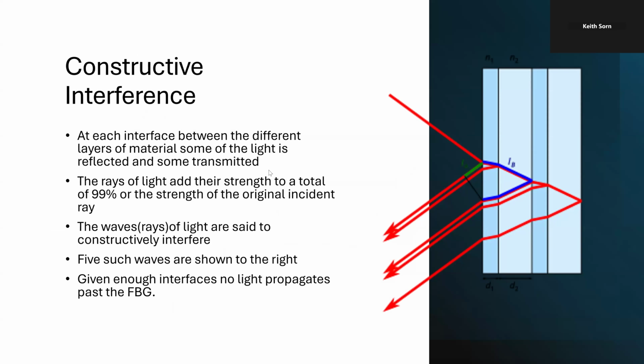All right, the way this works is something called constructive interference. At each layer, each interface, some of the light is reflected and some of the light is transmitted.